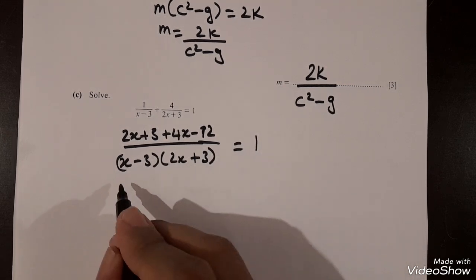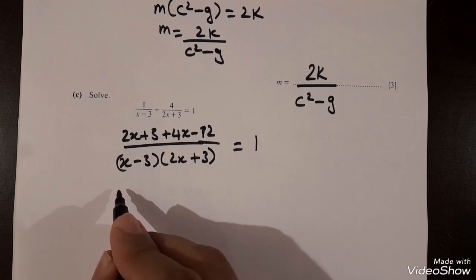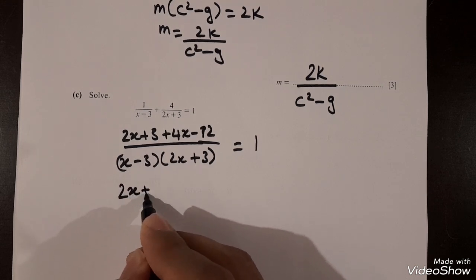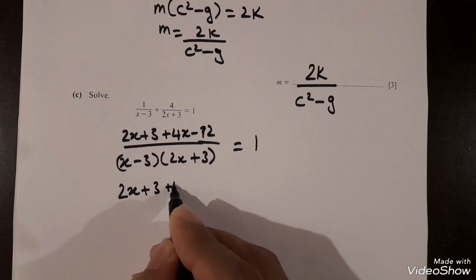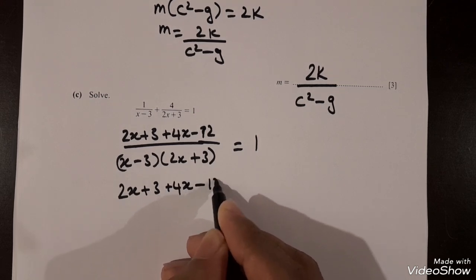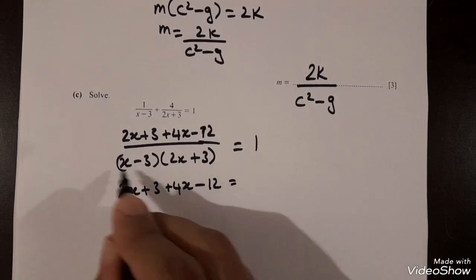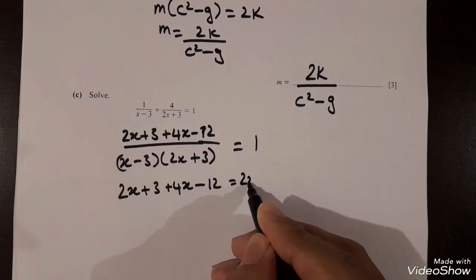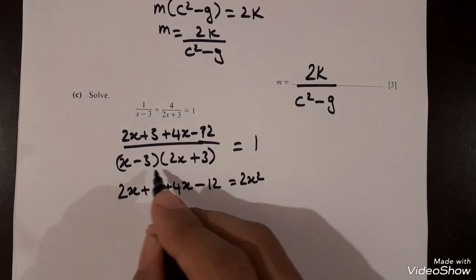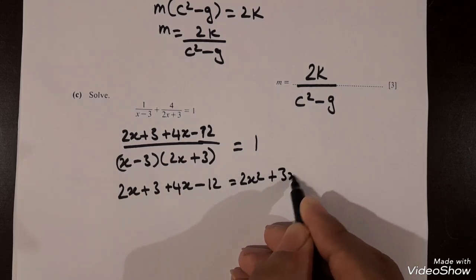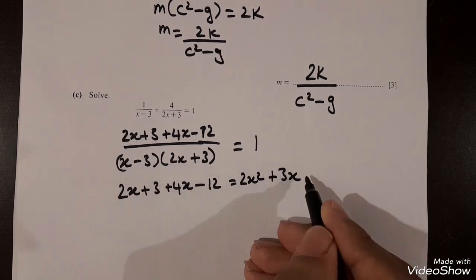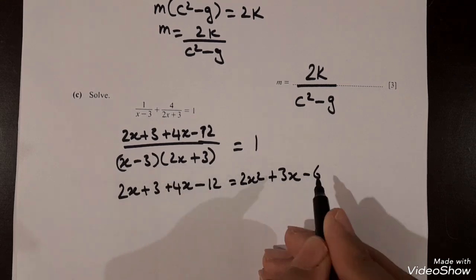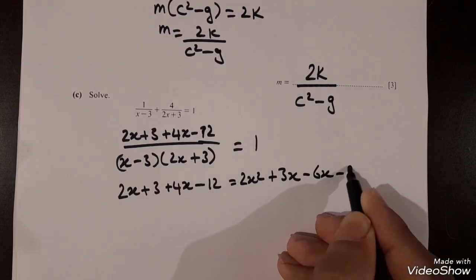So over here we will write 2x plus 3 plus 4x minus 12 is equal to 2x squared, and then plus 3x, then minus 3 times 2x is 6x, and minus 9.